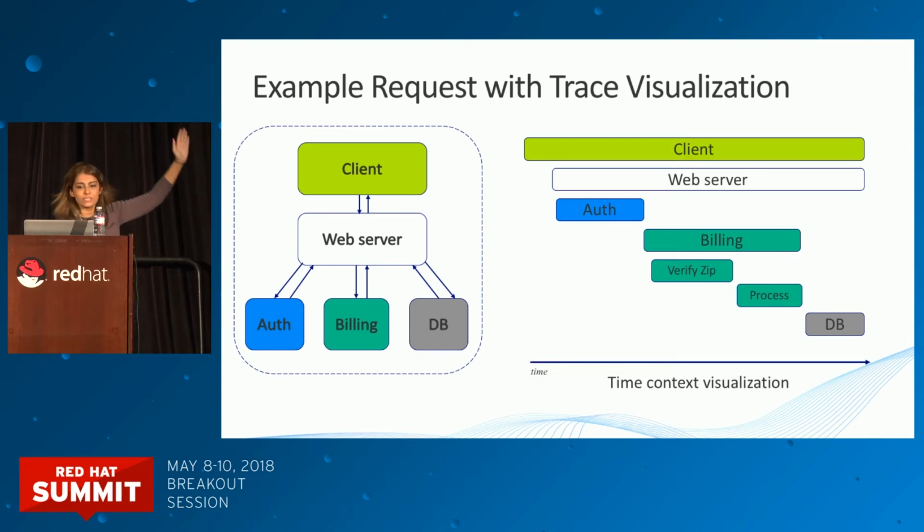The first thing that started is the client request, right? Then it talked to the web server, which started a little bit after, which makes sense. Pretty concurrently, authorization was started. After it was done, we did the billing, which is when we verified the zip code and processed it, and then the call went to the database, and that's the end of the trace. It puts the context of what's going on, and at what point, for you.